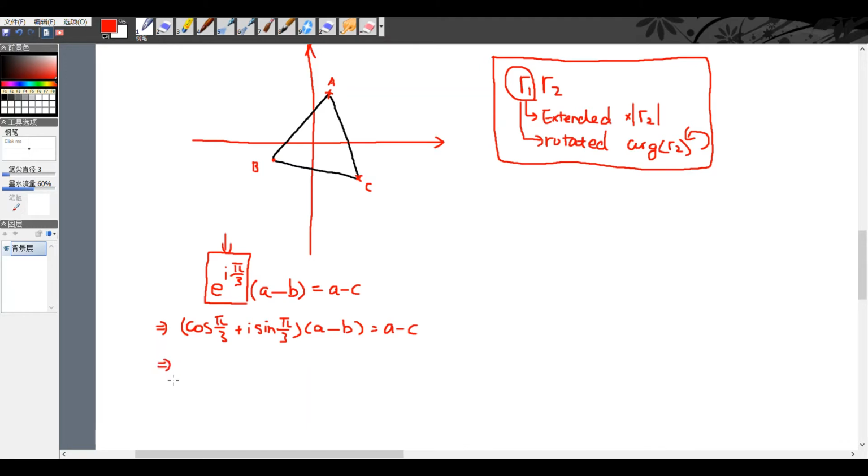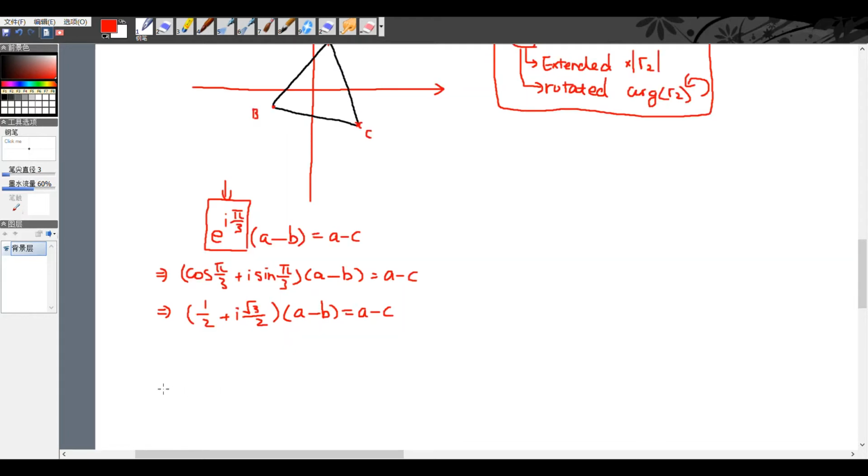For the former bracket, we have (1 over 2 plus i times the square root of 3 over 2) times (a minus b) is equal to a minus c. Calculating this, we have 2a minus 2c equals (1 plus the square root of 3 i) times (a minus b).